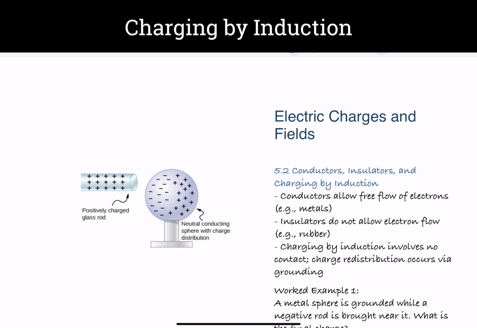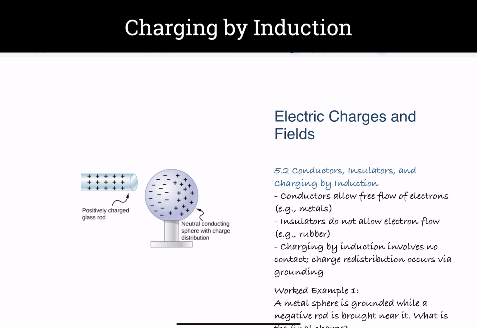Let me explain that. So imagine that you have a neutral conducting sphere. This is shown in the diagram, it's a conductor. That means the charges are movable, but it's kept on an insulating platform. So you do not want it to be grounded.